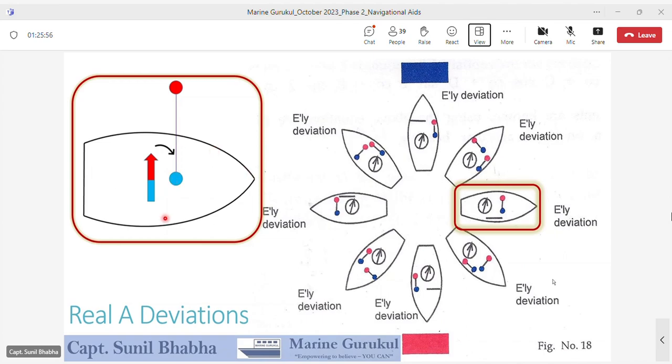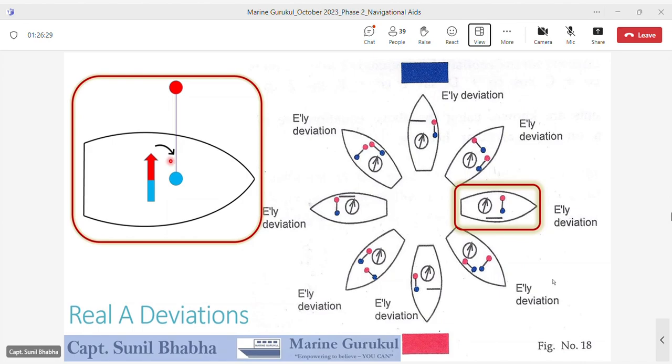The ship is heading in the easterly direction. Compass always points in the north-south direction. So compass is pointing in this particular direction only. And we have a blue pole to the east of the compass. This blue pole attracts the red end or the north end of our compass needle, and the blue pole repels the blue end of the compass needle or the south end of the compass needle, again making the needle swing clockwise, generating an easterly deviation.